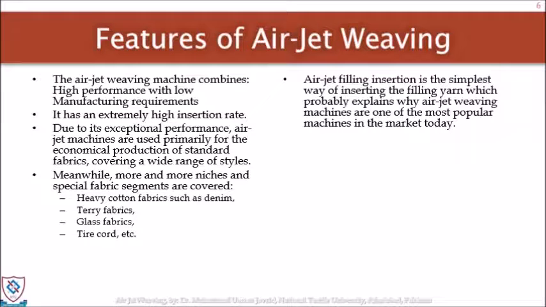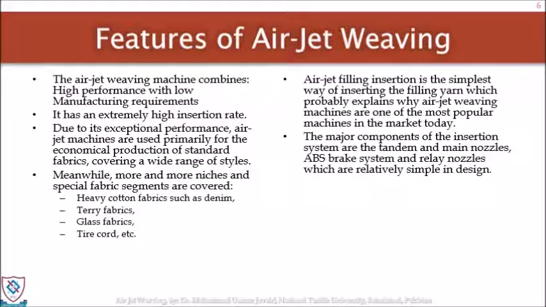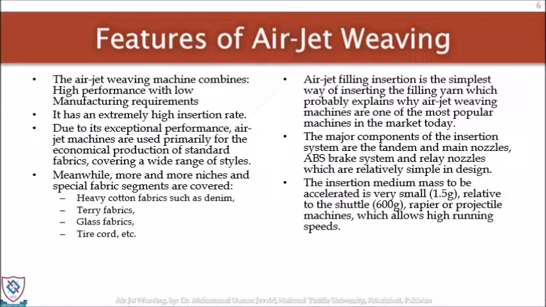So the components we have already talked about, that are nozzles, spray, profile reed, make a relatively simple design to follow. Like I already told you, the mass that is required to pass from one side to another for inserting the weft is very small.